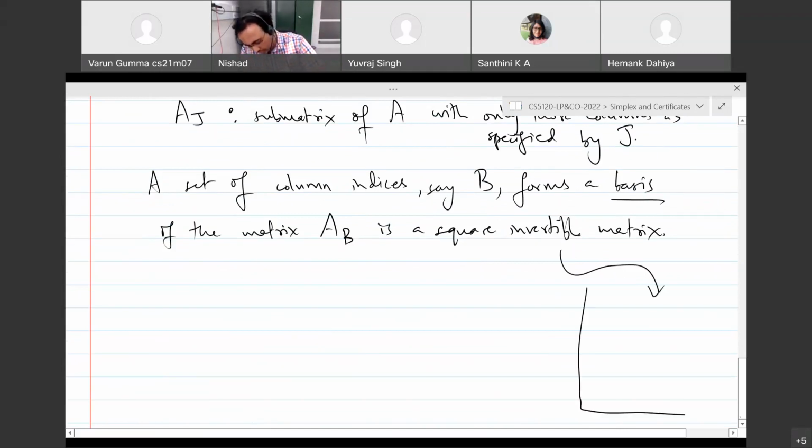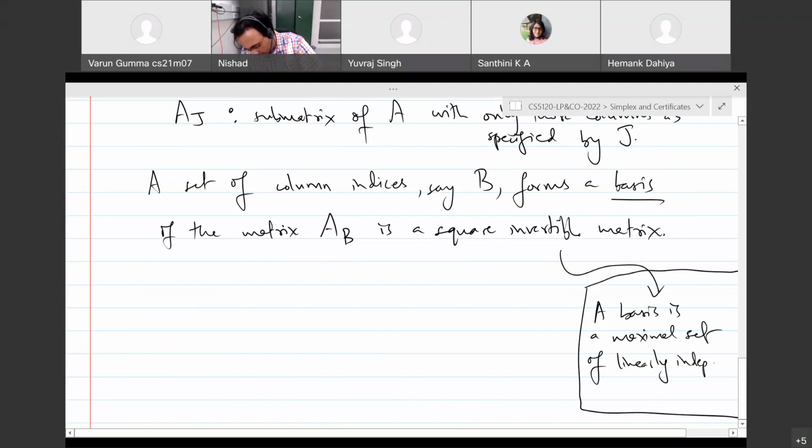In other words, a basis is a maximal set of linearly independent columns.